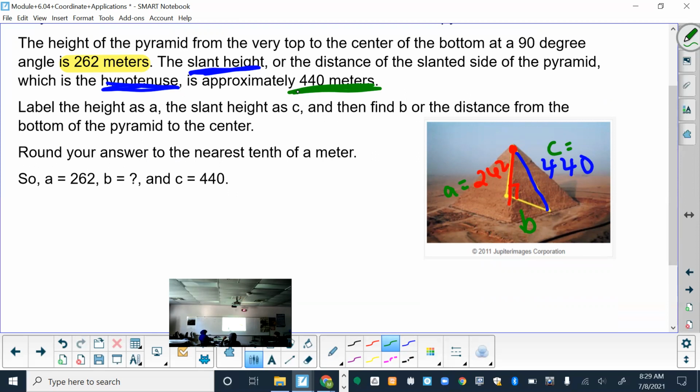Questions on that part? All right, so now that we set it up, take a minute and solve for that missing side using the Pythagorean theorem.